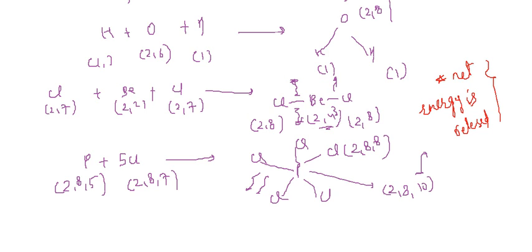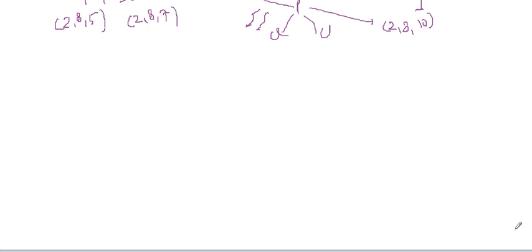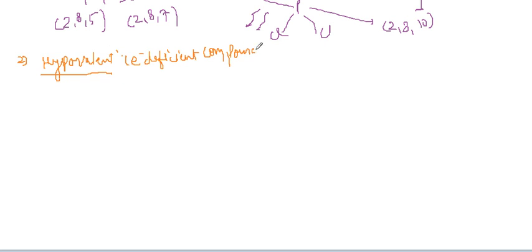Now let's see the further categorization. We have two terms. One is hypovalent. So what does hypovalent mean? Hypovalent means electron deficient compound.